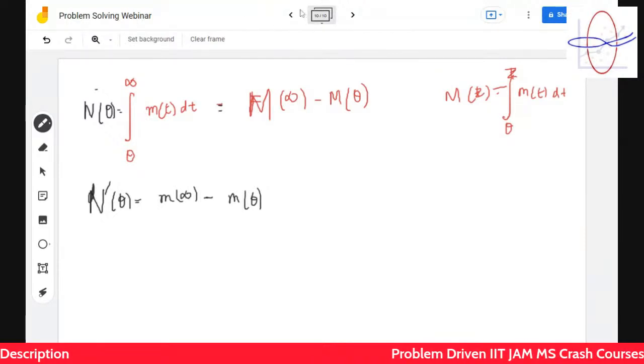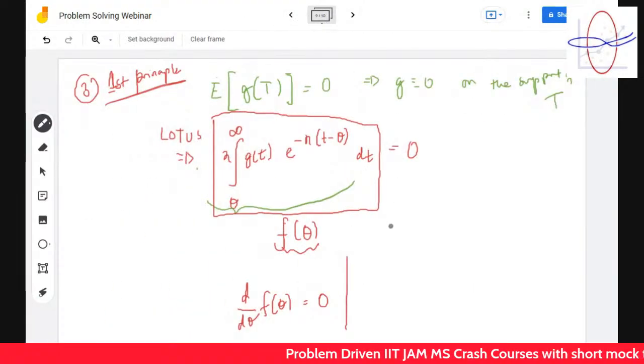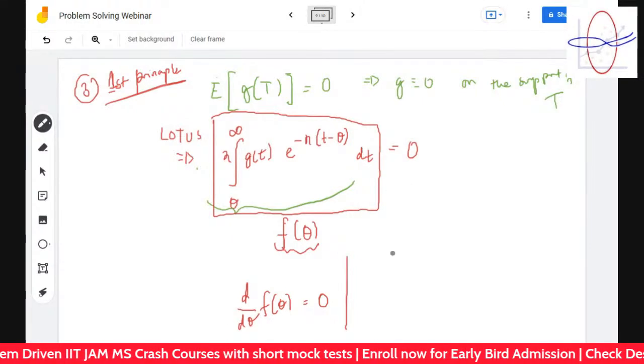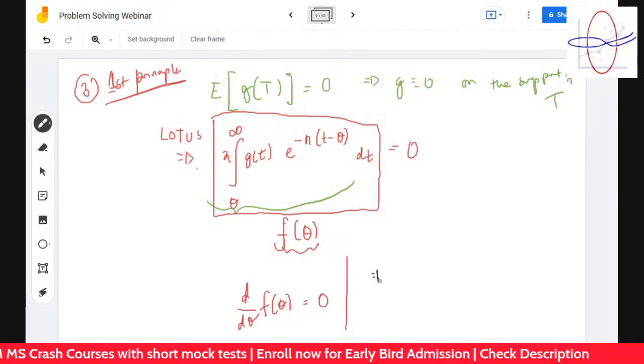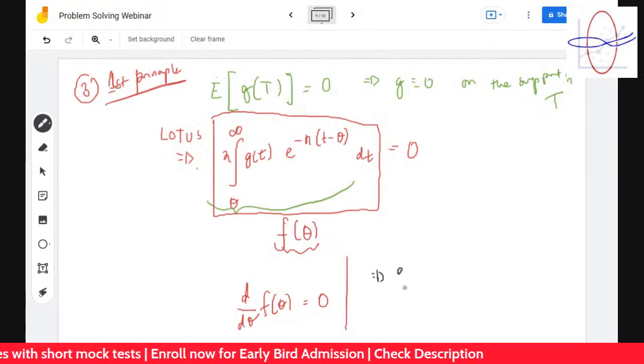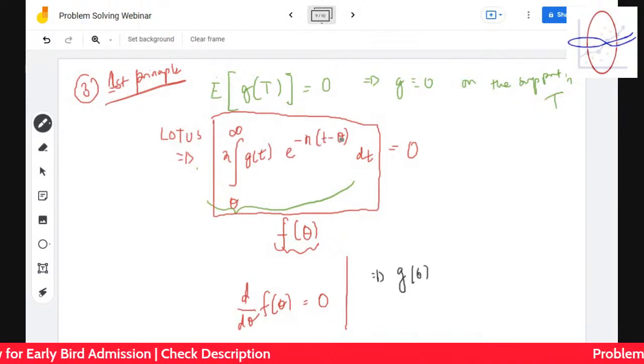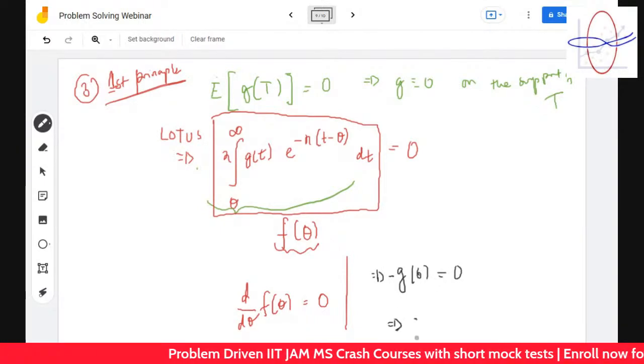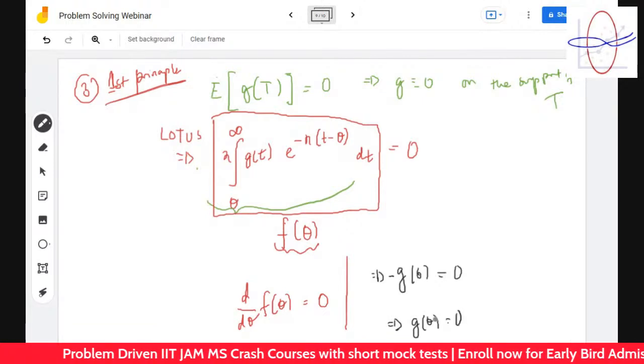Using this, we can show that if you put M(infinity) over here, it goes to zero, so that doesn't matter. So we get minus g(theta) e to the power minus n(theta minus theta), that is 1, so it's minus g(theta) equal to 0. And therefore g(theta) is equal to 0.